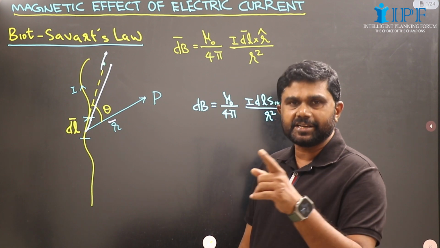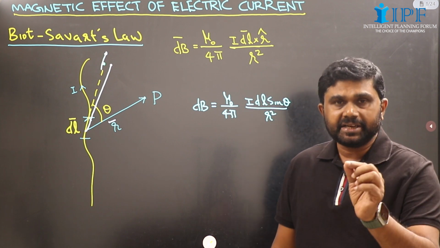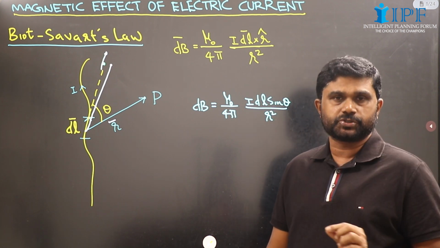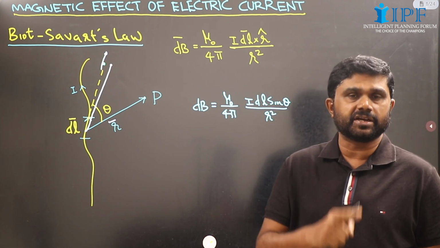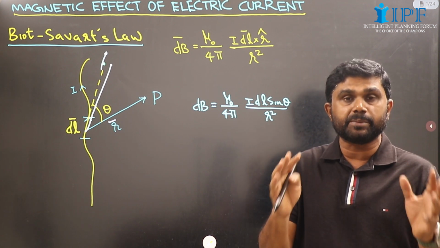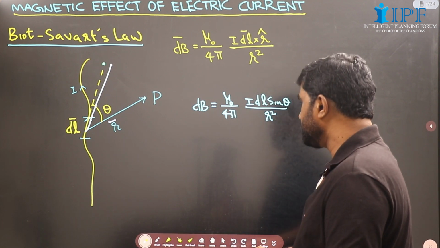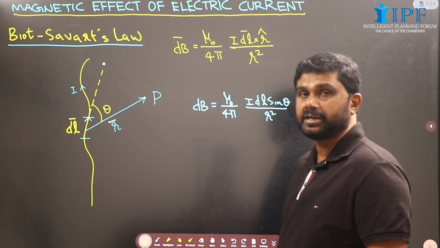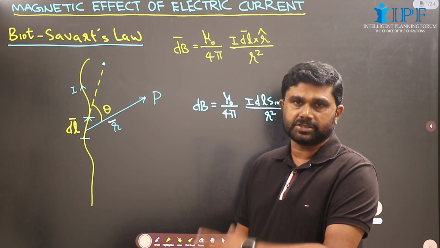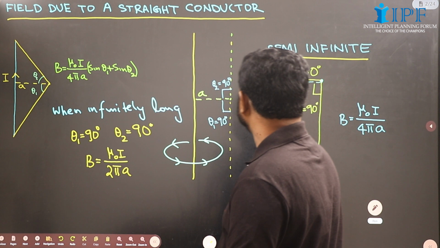Then sin theta equals 0 and the magnetic field will be 0. So a current element will not produce any magnetic field at any point along its length. That is the most important thing that you have to understand. Now see what we have next.